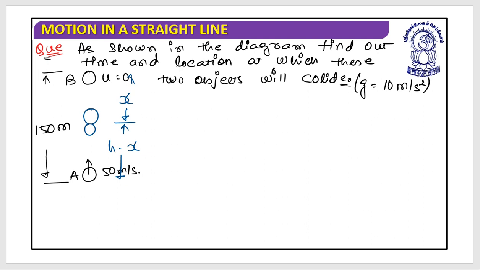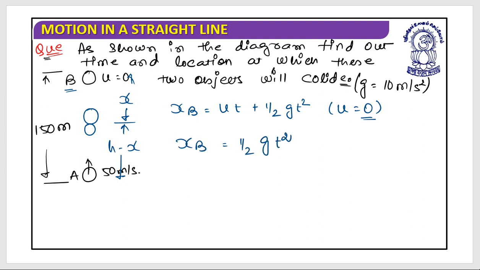So this is x, this is h minus x. What can I write for ball B? I can write that x of B is equal to ut plus half gt square, while they have provided that u equals 0, so x of B is equal to half into g into t square.